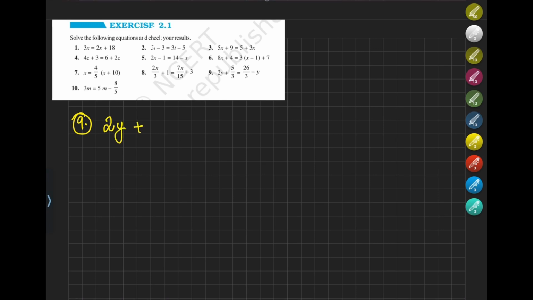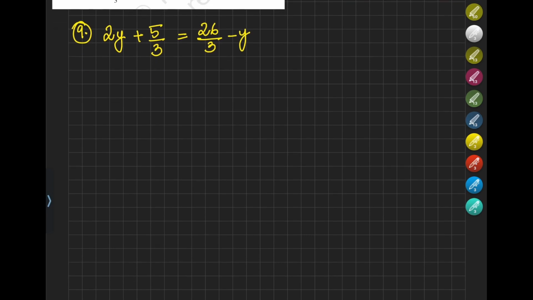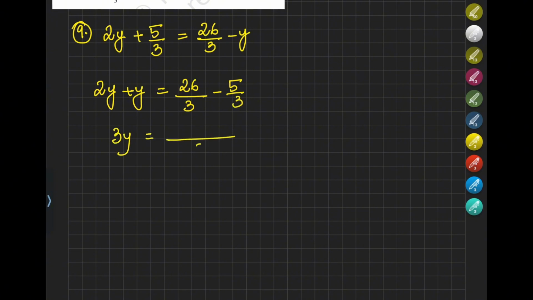Now question number 9 is (2y + 5)/3 = 26/3 - y. So isolate the variable on the LHS. So 2y + y = 26/3 - 5/3. So 3y, the LCM is 3.